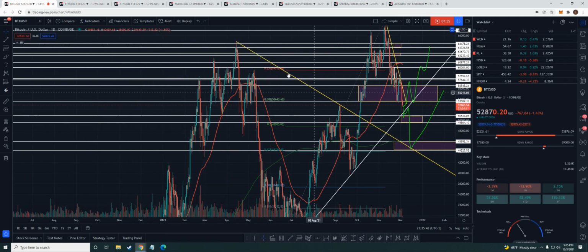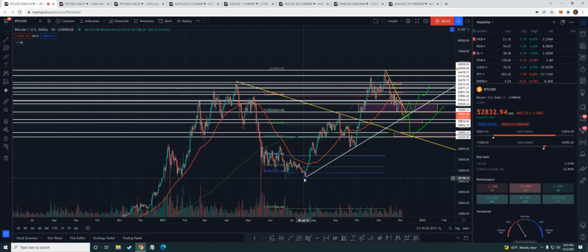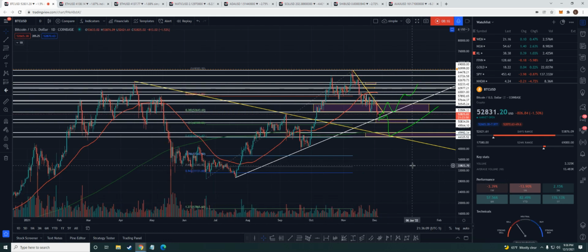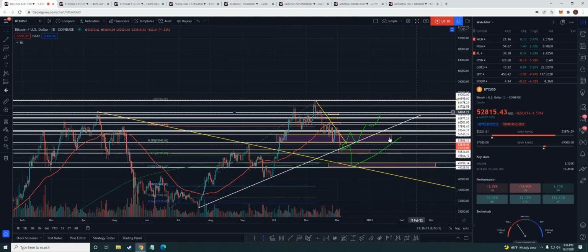So this could just be retesting this trend that we had. Again, the bump and run that we talked about a long time ago. We were down here at 28, 29. I drew this bump and run up way before this happened, which was awesome, and it played out perfectly. But this could just be the retest before we get a huge move to the upside.